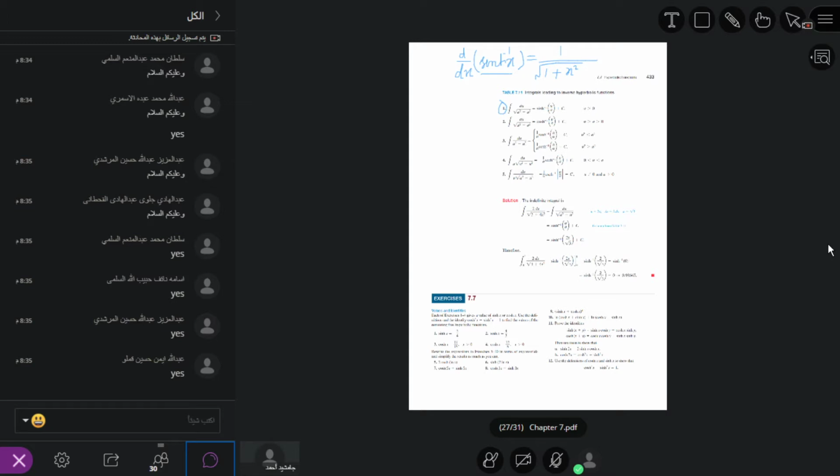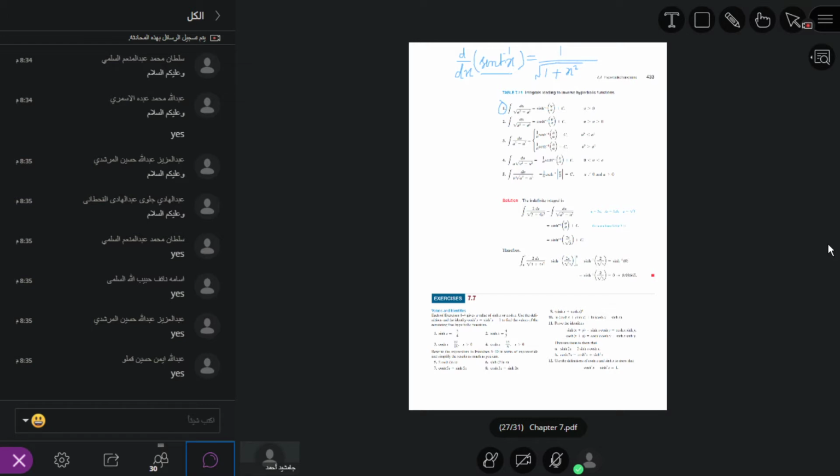So if we replace 1 with a and x with u, we get the following formula, which is 1: the integral of du divided by square root of a square plus u square is equal to sine hyperbolic inverse u divided by a plus constant.